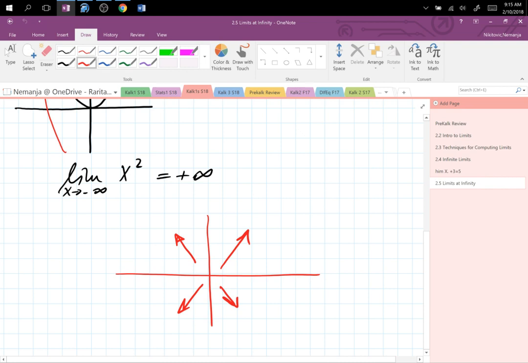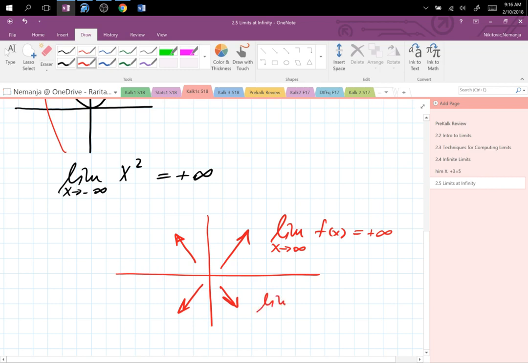But when you have these arrows, for this arrow here, you can clearly, in your mind's eye, decompose this motion into motion to the right forever and motion up forever. And to capture that with calculus, you simply write the limit of whatever the function is, as x goes to positive infinity, that's the tendency to the right, the answer is positive infinity, which means the y value goes forever up.